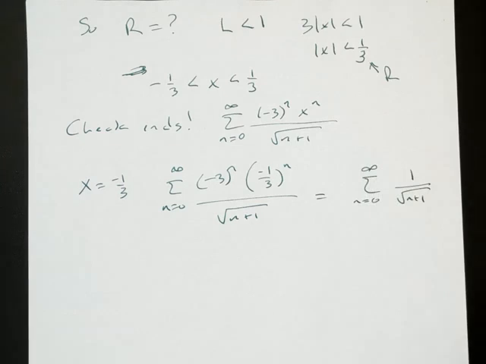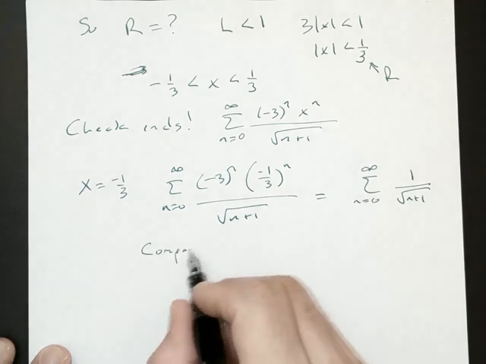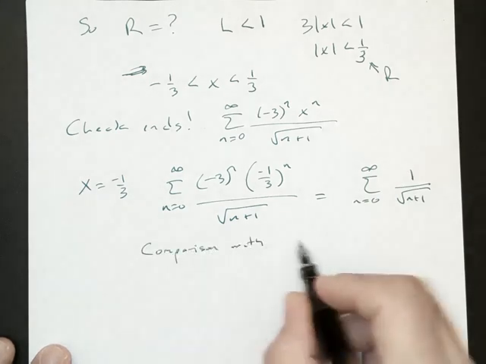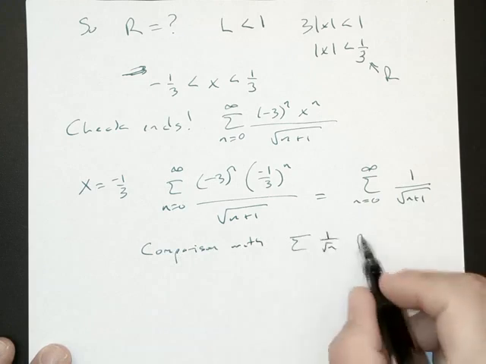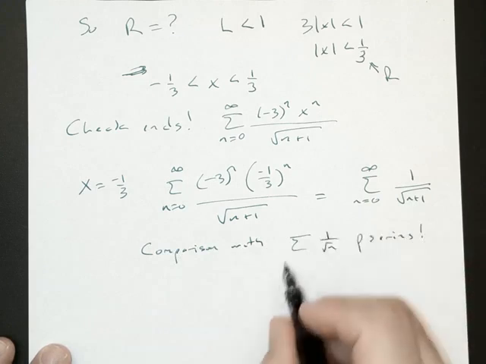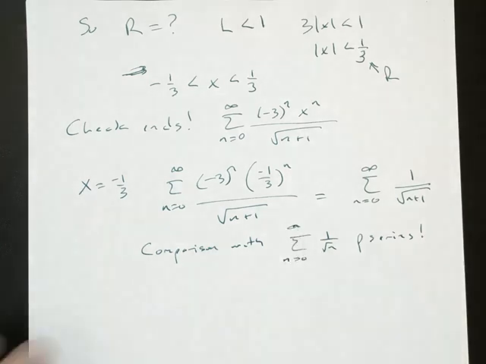What type of series is that? I'm going to compare it with what? Which is a p-series. Now I think the best comparison to do in this case is the limit comparison.